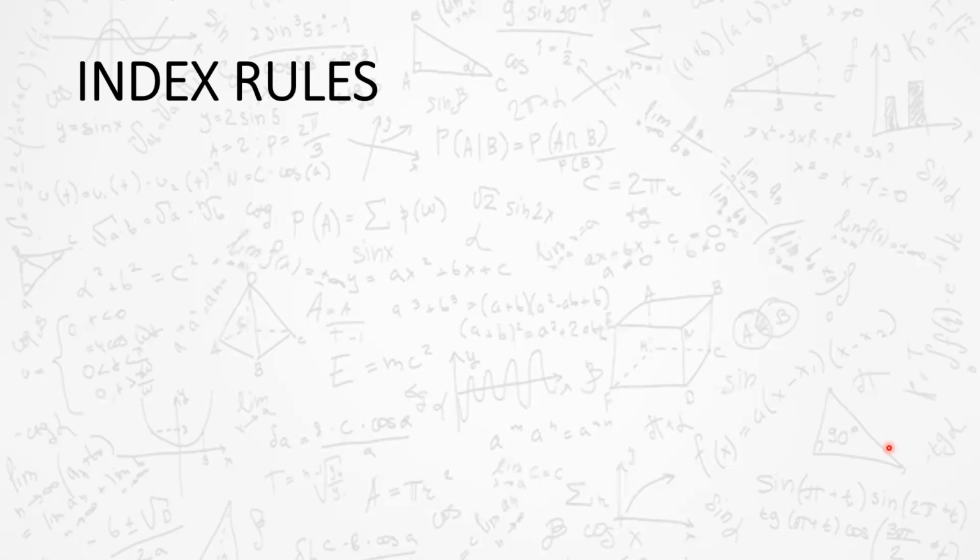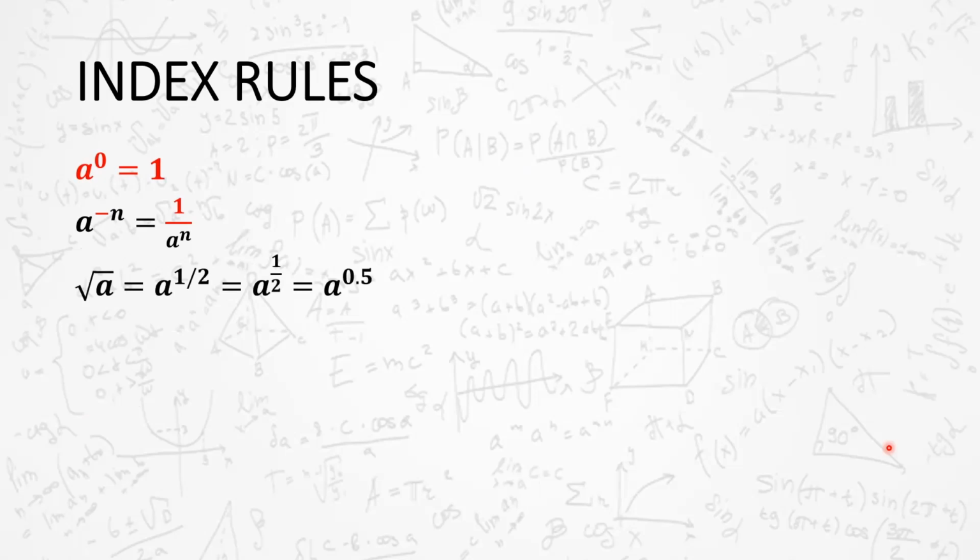Let's concentrate on the negative indice and the fractional indice. a to the power 0 equals 1. Anything to the power 0 equals 1 as long as the base does not equal 0. Then again, a to the power minus n equals 1 over a to the power n, so the minus sign becomes 1 over.